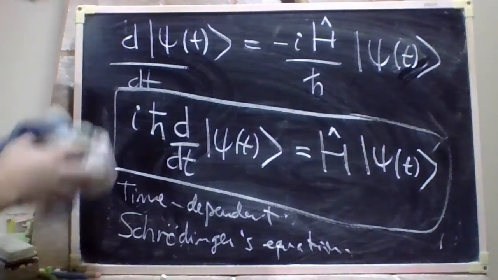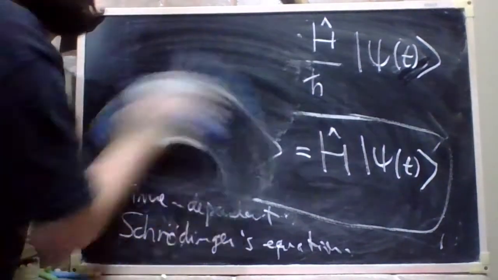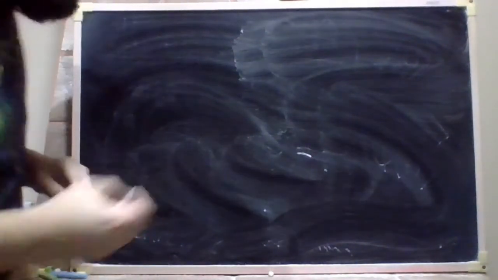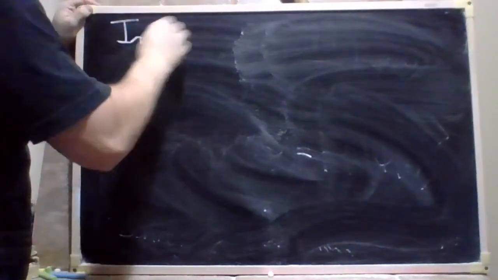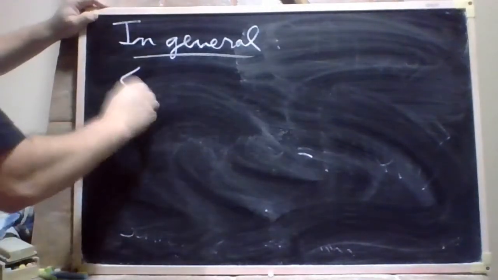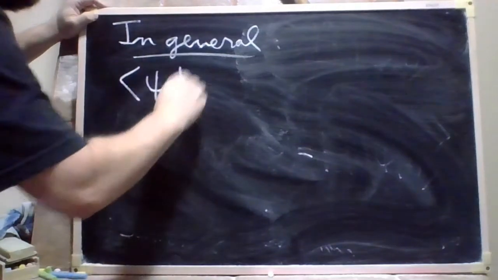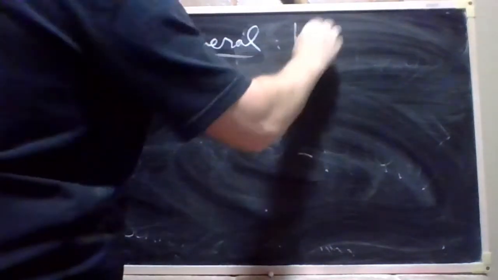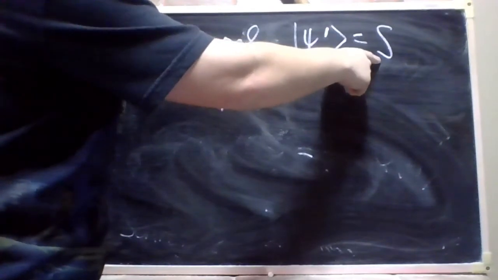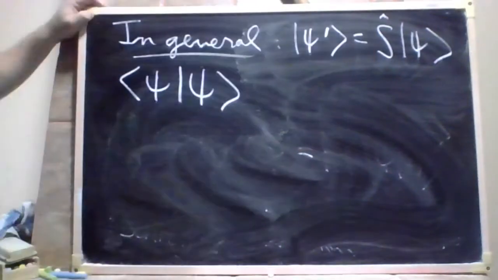As a general fact in quantum mechanics, transformations, right, in general, not just for time evolution: if you have a psi state and you want to transform it to another frame of reference, you can perform a transformation, applying a matrix S to the state.